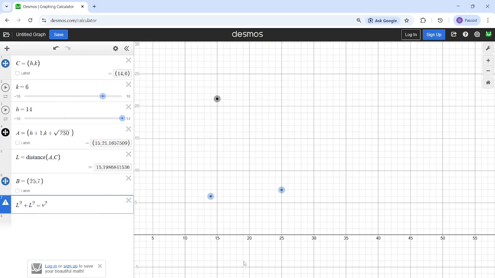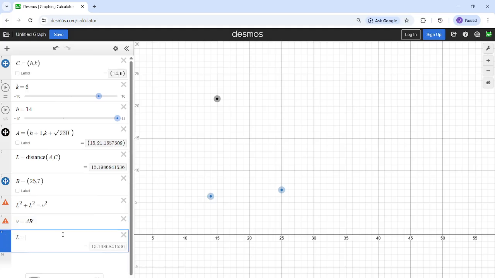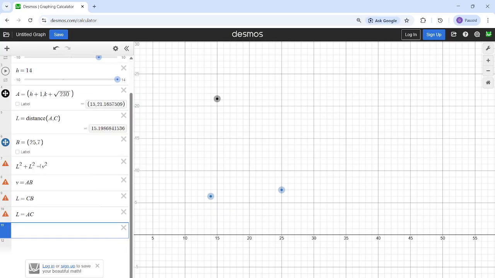V is here as AB. V equals AB. L equals CB, and also L equals AC. So now we need to find the value of AB, which is V. We could just change the equation sign. I hope you understood it. We could change this to a tilde.